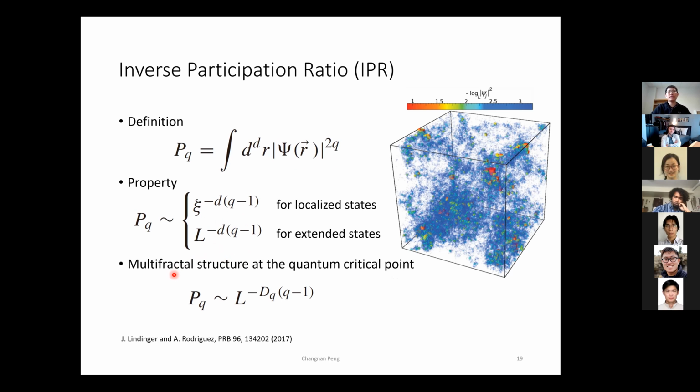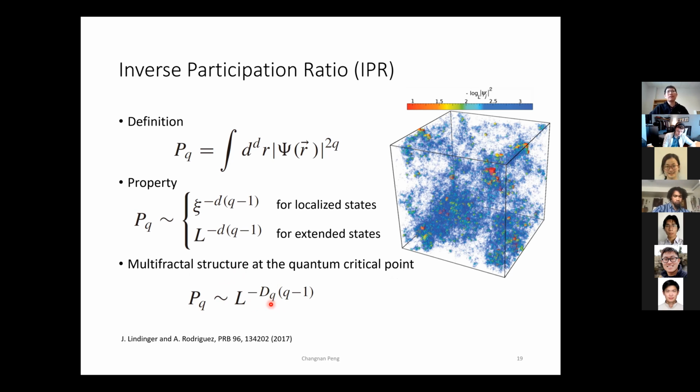And at the phase transition point, we have this multifractal structure, which says the IPR scaling law has a coefficient that depends on the value of q. So D_q is the fractal dimension D, and it depends on q.